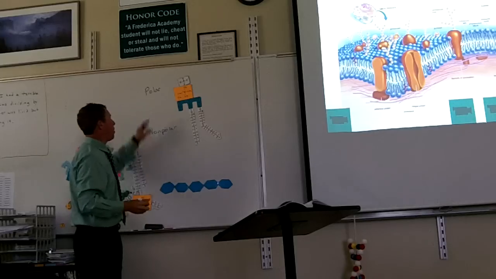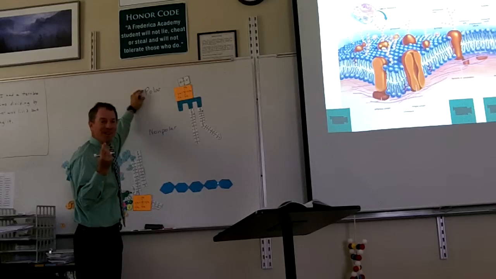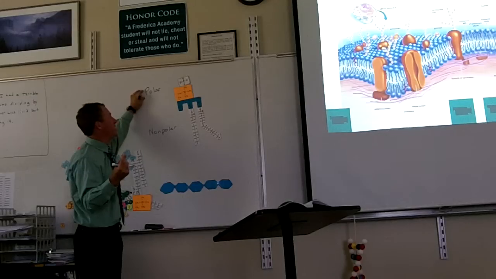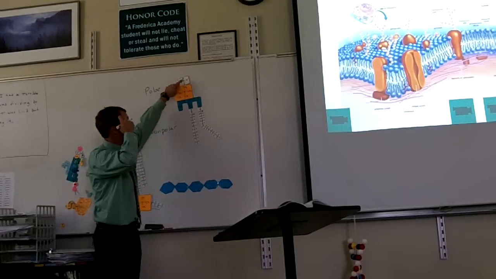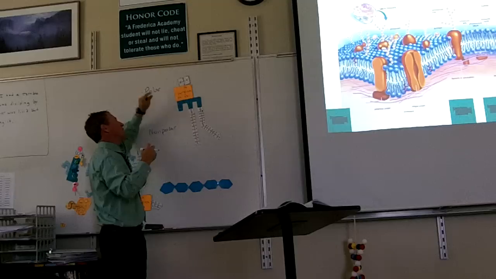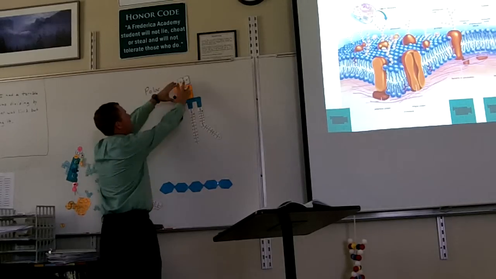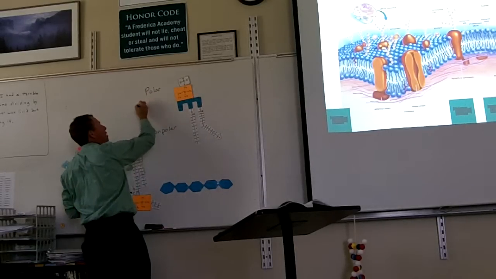So they're non-polar. And anything that's polar is going to be attracted to water, because water is a polar molecule, if you remember. Water is charged, and so anything else that's charged is going to be attracted to water. The negative part is going to be attracted to the positive hydrogens, and the positive part is going to be attracted to the negative oxygens. So this part is attracted to water, and so we say it's hydrophilic.